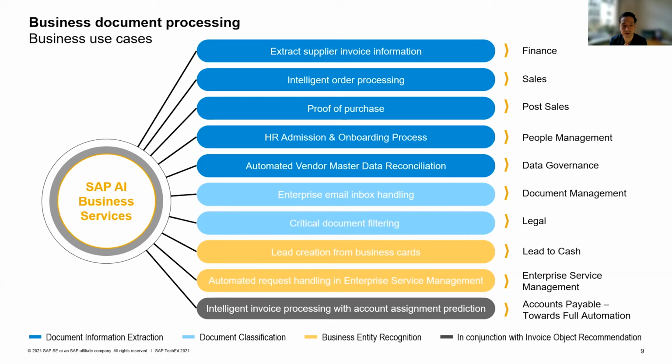request handling in enterprise service management. Here, especially one of the favorite use cases with our customers is the combination with a shared service framework, where you want to help your shared service agents accelerate their work by extracting some relevant information directly from incoming requests.